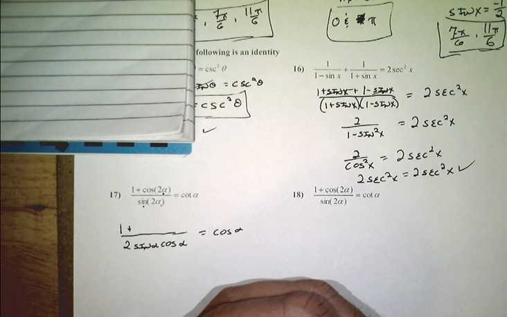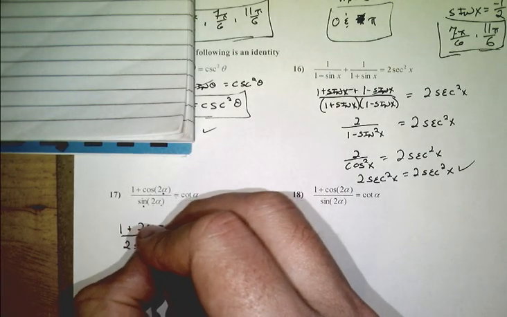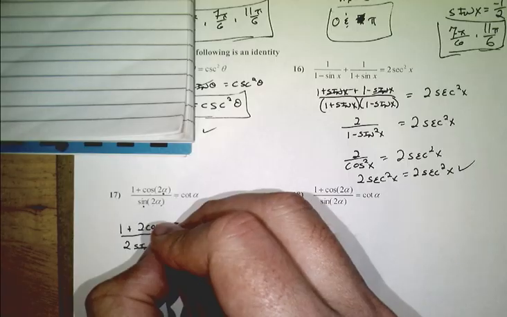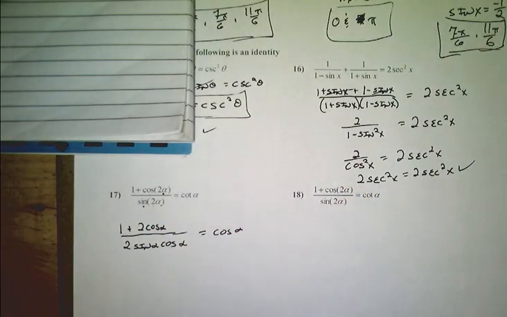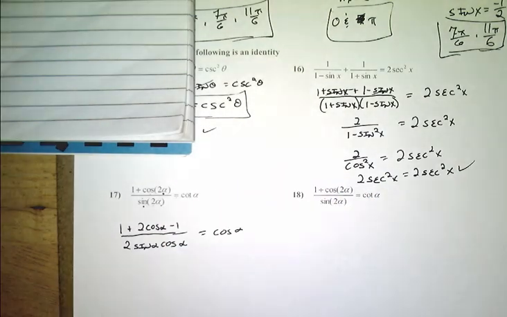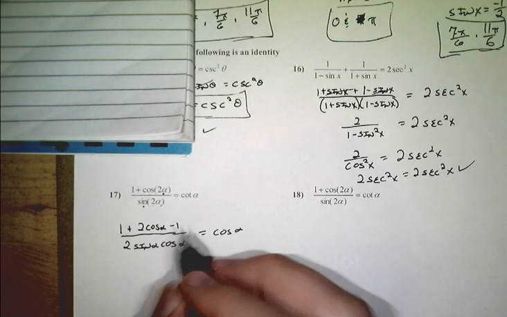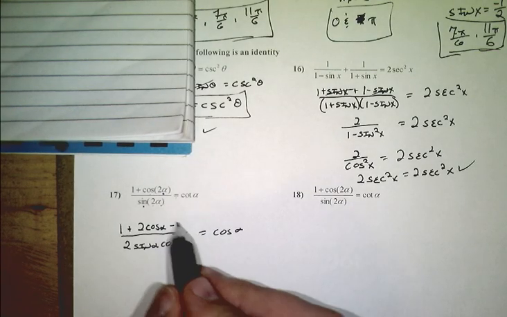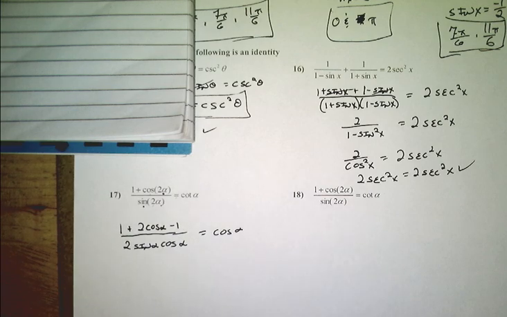So we can use 2 cosine squared alpha minus 1. Let's try that one first. I have 3 different options to use. I'm going to try this one because I have a negative 1 on it and a positive 1 here, so they're going to cancel out.